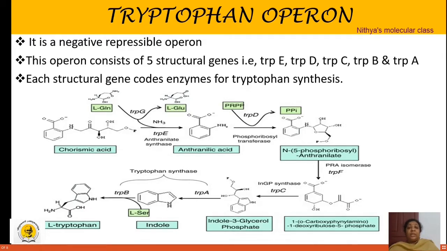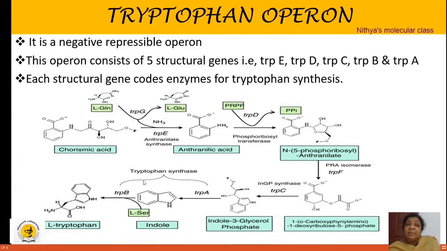You can look at trpE, which is involved in anthranilate synthase enzyme synthesis. trpD has a role in the synthesis of phosphoribosyl transferase, and trpC is involved in indole-3-glycerol phosphate synthesis. trpB and trpA are involved in tryptophan synthase. trpB is involved in tryptophan synthase beta production, and trpA in tryptophan synthase alpha production.